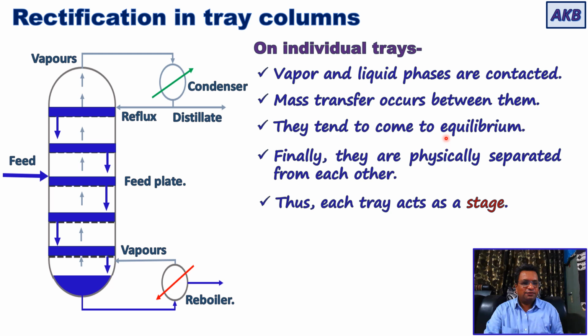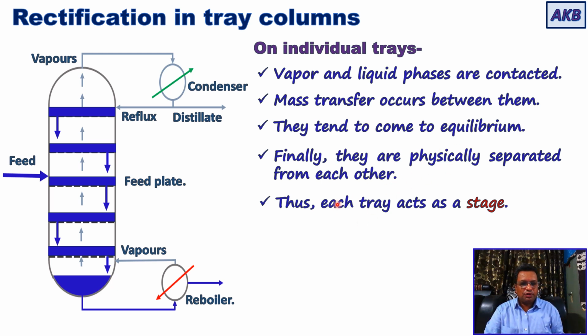If they reach exact equilibrium, you have an ideal stage, a theoretical stage, but in reality they will come close to equilibrium. Such a stage will be a real stage. So in a real stage the two phases are close to equilibrium.